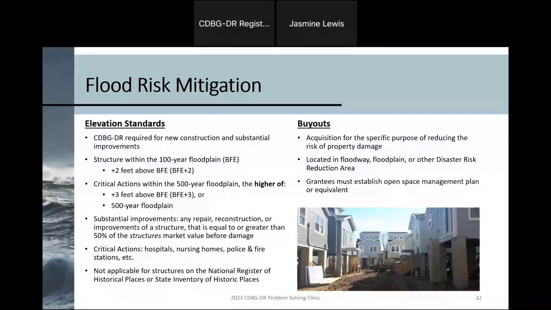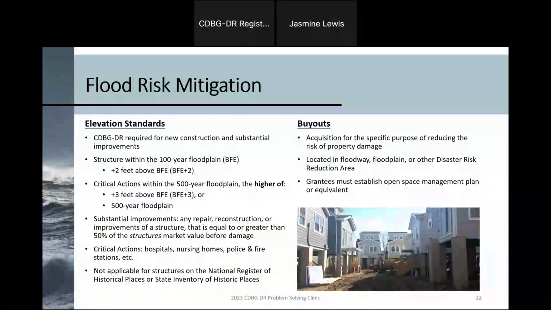You're reducing the overall property damages by moving those people out of the floodplain. But 2, you're also increasing the pervious area. Now you have an area that's able to absorb a significant amount of water, hopefully allowing other communities to have a higher degree of resilience and to protect them.